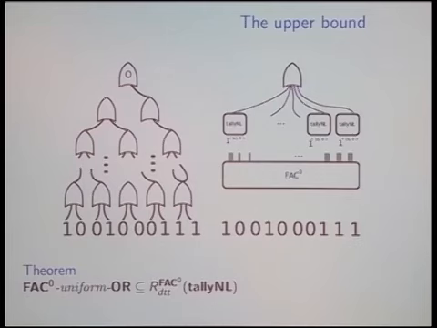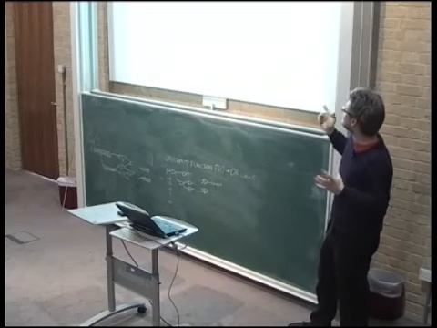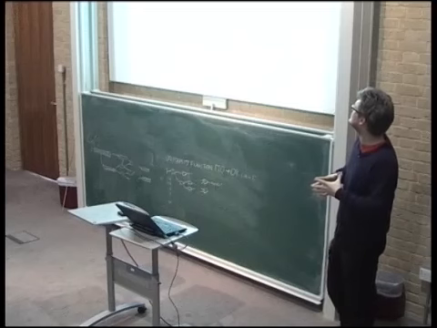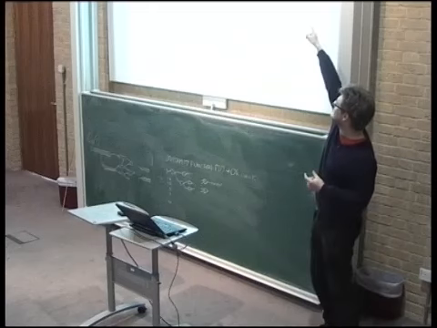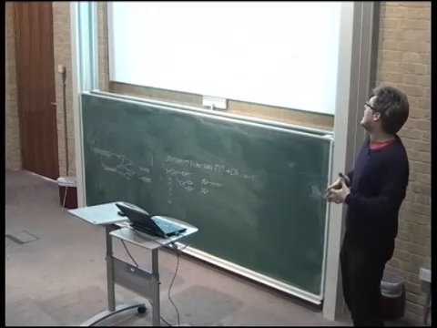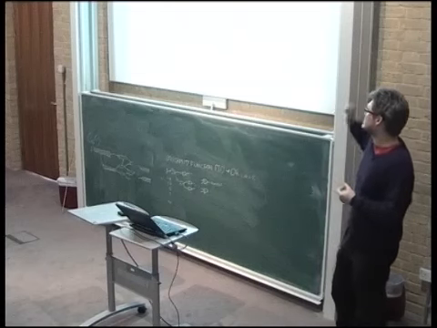So we have an AC0 circuit that takes the length of the input and encodes it with an input gate and feeds it into the tally NL machine, and it will give a 1 if that gate is connected. And if the input bit is 0, then it will say 0.